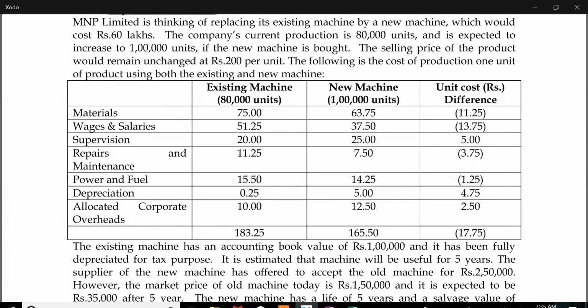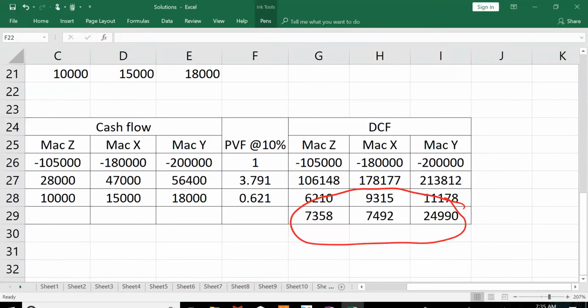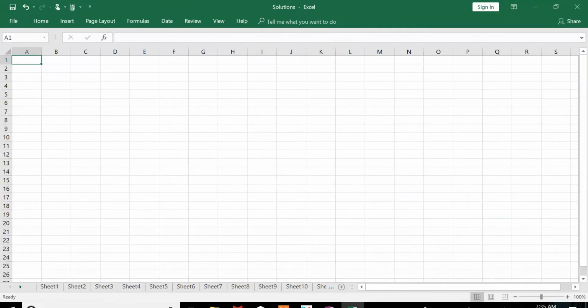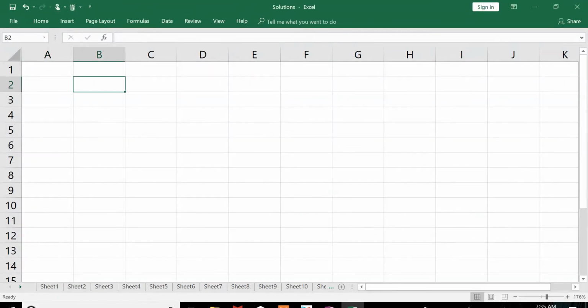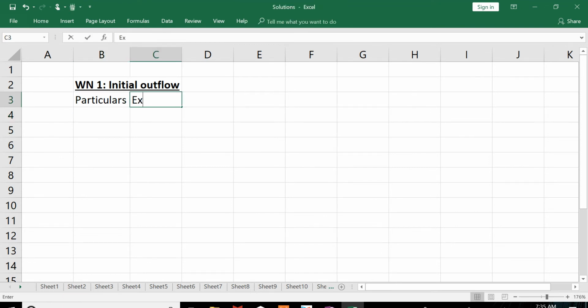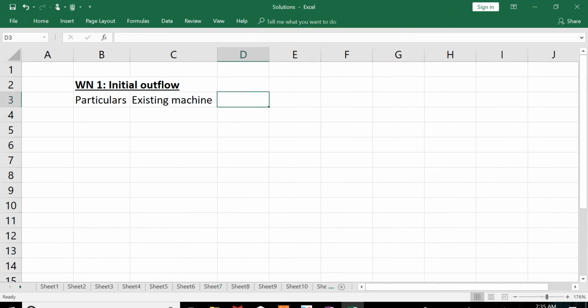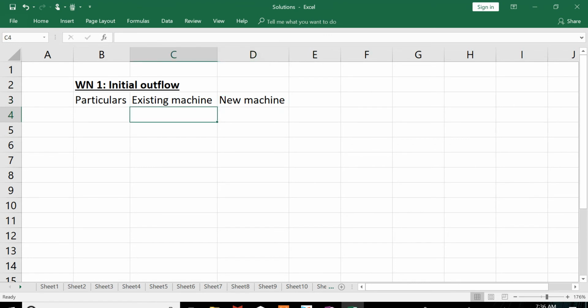Working note 1, initial outflow. Particulars: existing machine, new machine, existing machine and new machine.